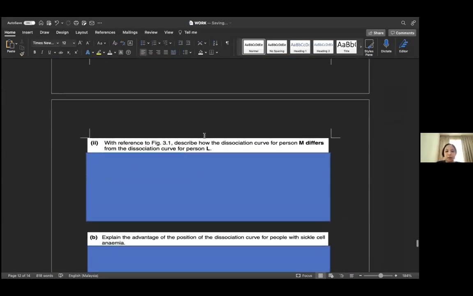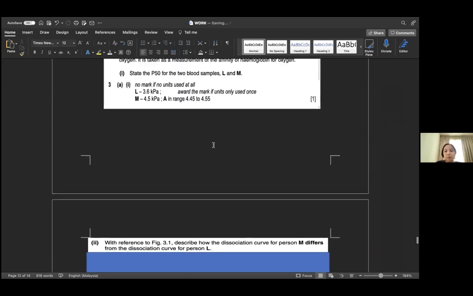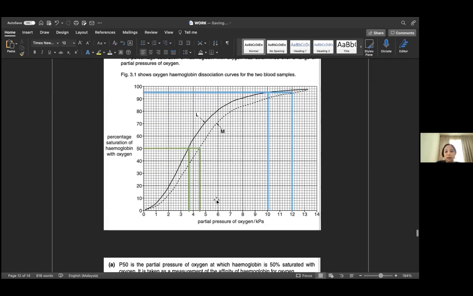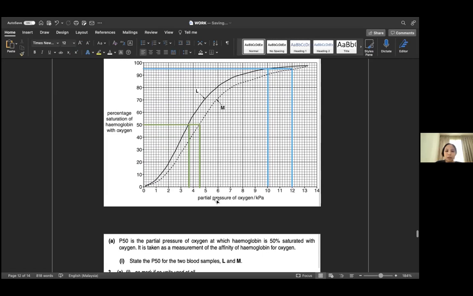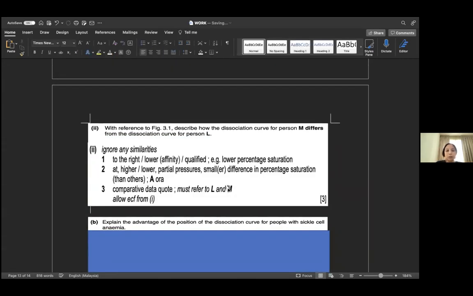Describe with reference to figure 3.1 how the dissociation curve for person M differs from the dissociation curve for person L. For this, you basically have to describe what you see in the graph. Let's look at the marking scheme and then I'll go back and forth to show you.